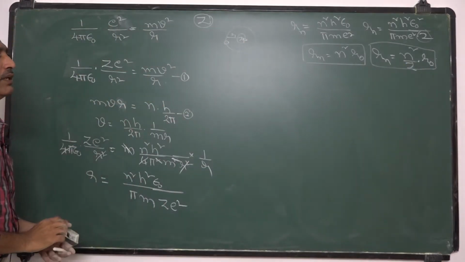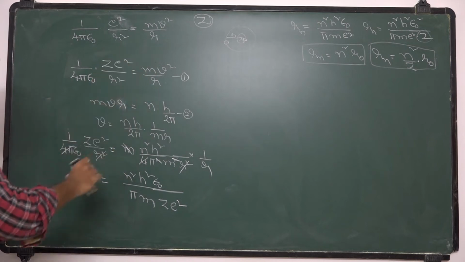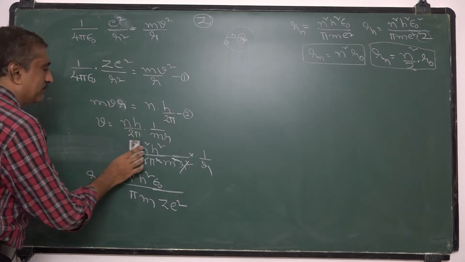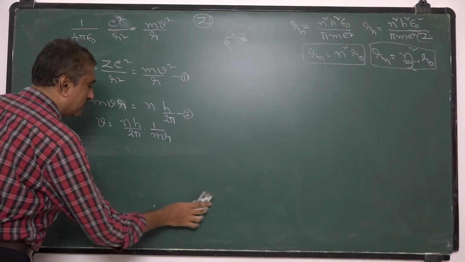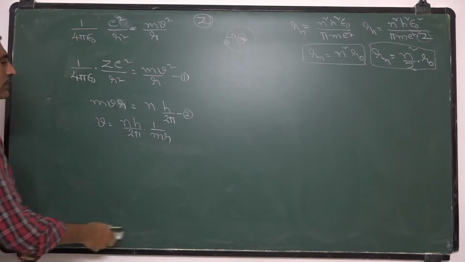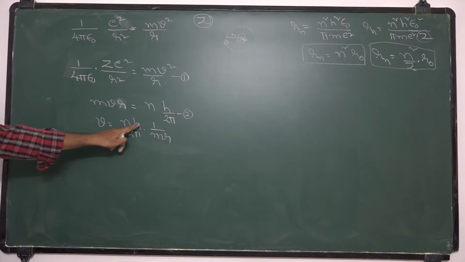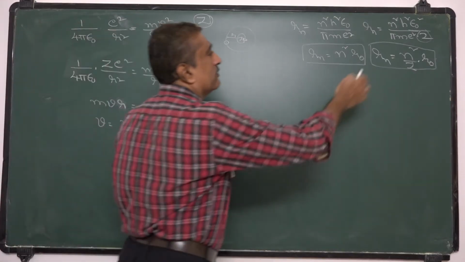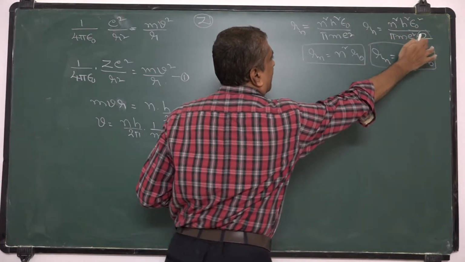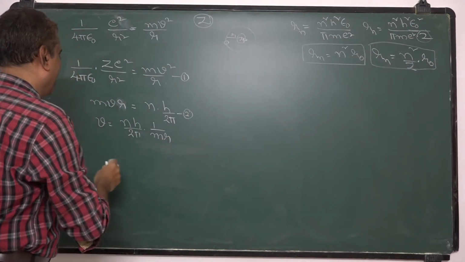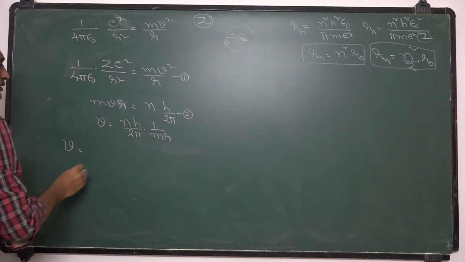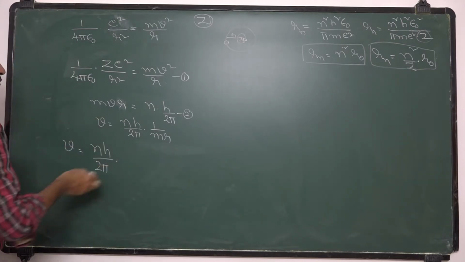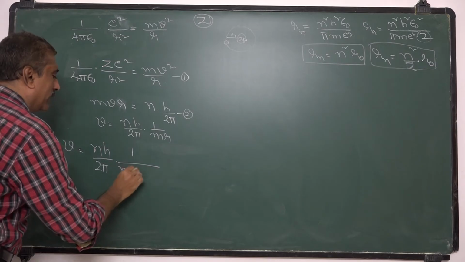Now on similar lines we derive the velocity. From this equation, velocity is equal to n h by 2 pi into 1 by m r, where r we got as n square h square epsilon naught by pi m e square Z. Now substituting here, velocity is equal to n h by 2 pi into 1 by m into r.